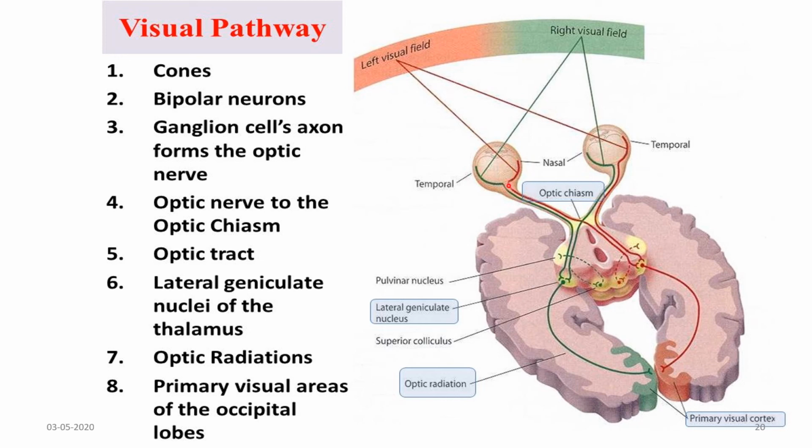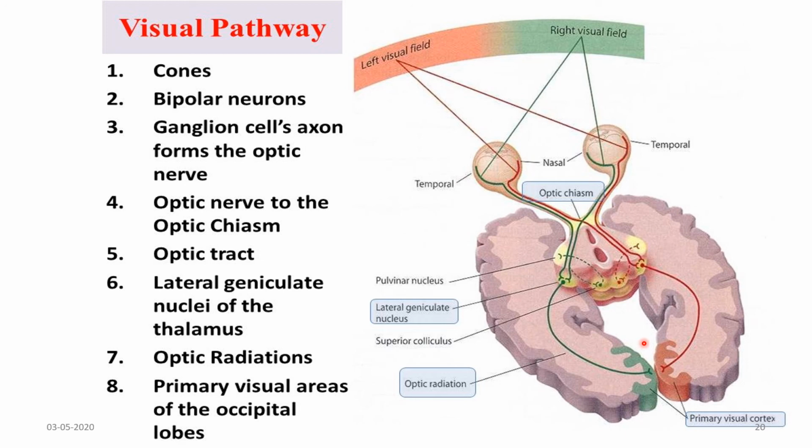So going from the nasal part and temporal part of retina, going towards the optic chiasma, where the fibers from the nasal part are crossing in the optic chiasma, whereas the temporal fibers travel uncrossed and they pass through the optic tract and then to the lateral geniculate body, which is the nucleus of the thalamus, and from there starts the optic radiation, which will go to the primary visual cortex in the occipital lobes. So that is the visual pathway.